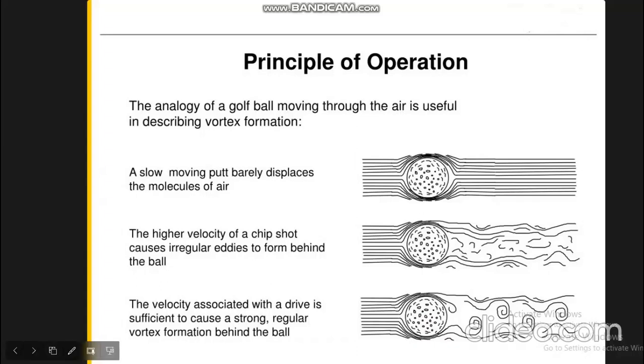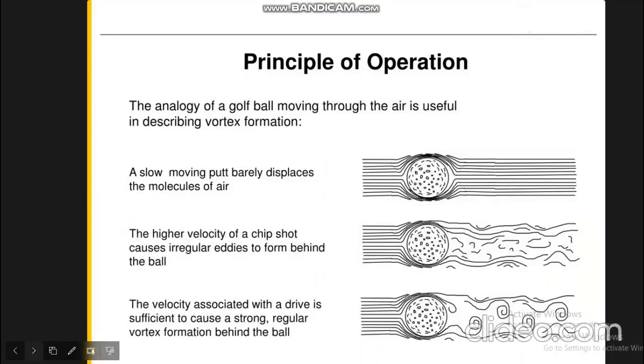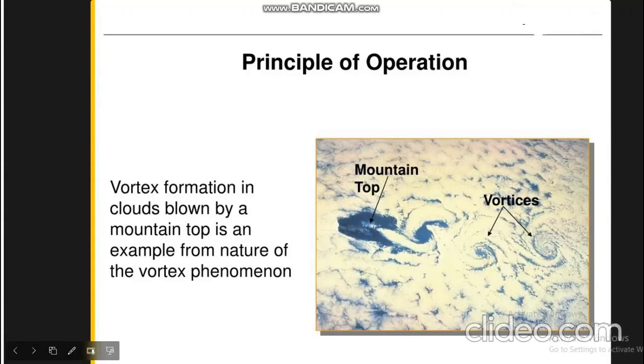We have another example, like this is the mountain. These are the clouds in the air around the mountain. The mountains are obstructions to these clouds, and when the cloud gets obstructed by these mountains, it goes in the port direction and forms an eddy in the cloud.